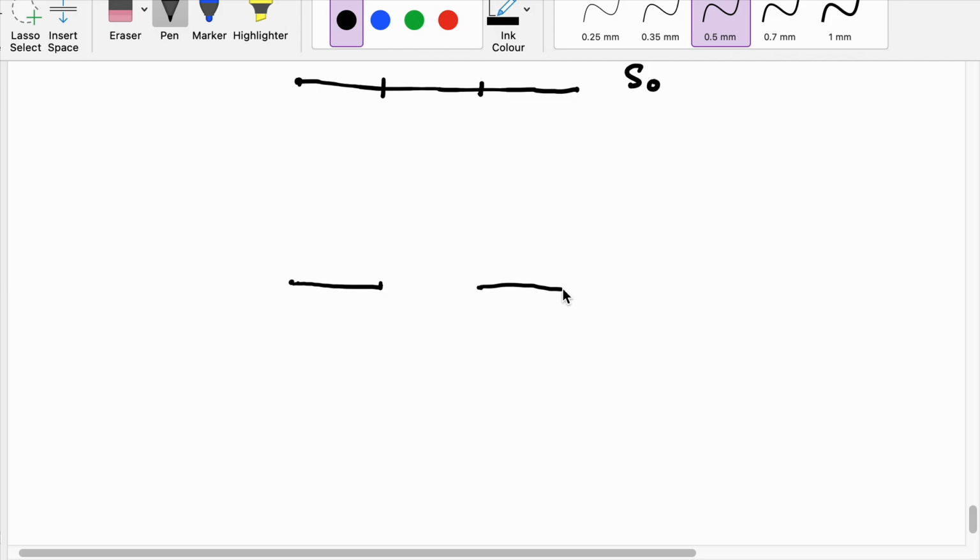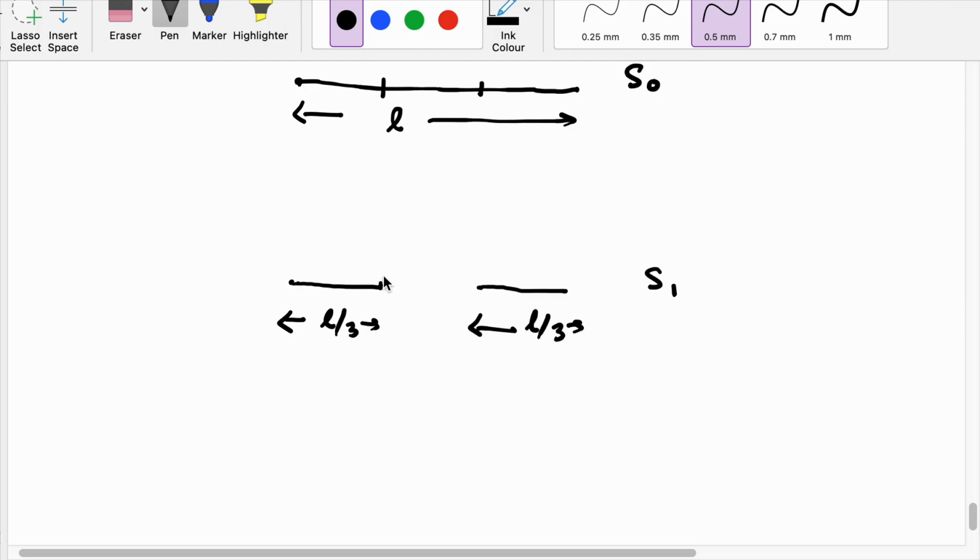You take away this middle part. This is S1. Suppose the total length is L, so this part will be L by 3 and this part will also be L by 3. Now you will draw an equilateral triangle with the same side L by 3 here. That's why this is S1.